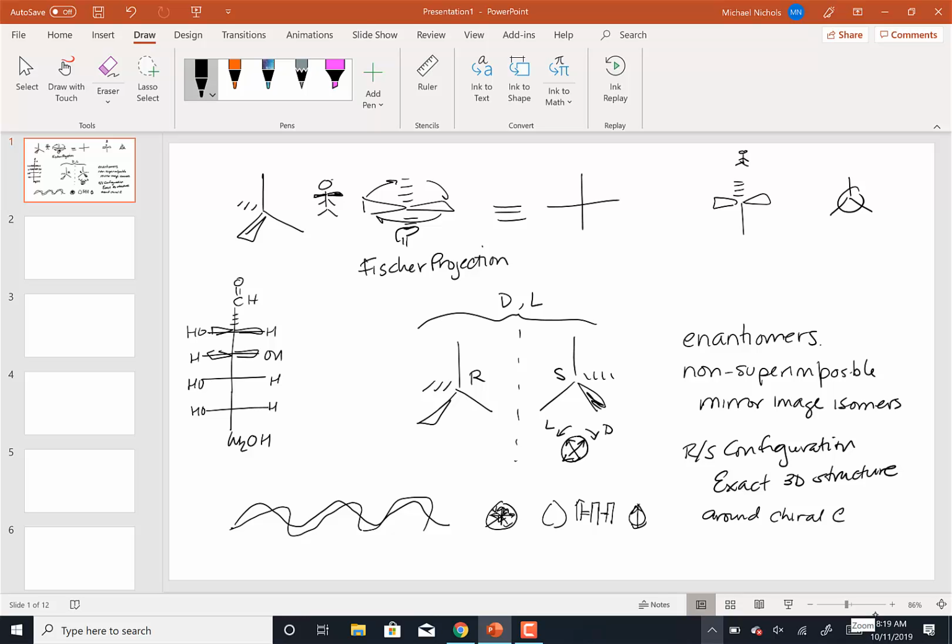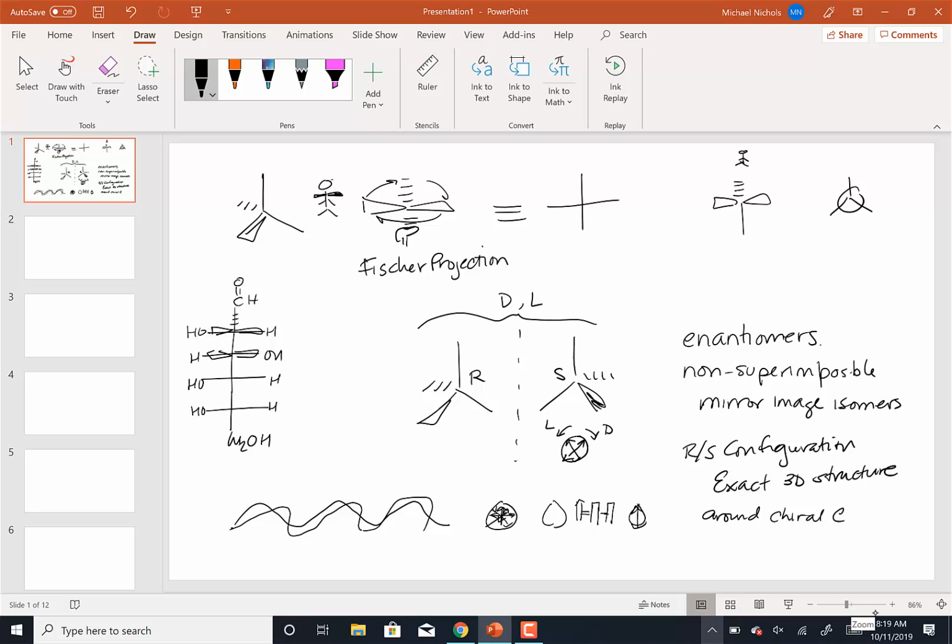And so the story is, he painstakingly separated them with tweezers into three piles. And he knew about polarized light, and so he made solutions of them and passed plane polarized light through them. What he found was the symmetrical crystals, which were later found out to be meso, didn't rotate plane polarized light. The other crystals that were mirror images of each other did, one in one direction and the other in exactly the opposite direction.